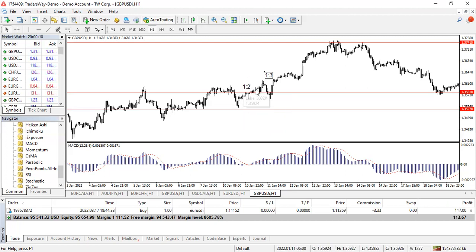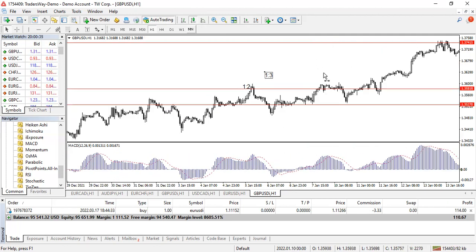That is 1 to 2 risk reward ratio. And we also have 1 to 3 risk reward ratio, which means times 3 of the amount you are risking. When you are risking $100, you are trying to earn $300. When you are risking $200, you are trying to earn $600.